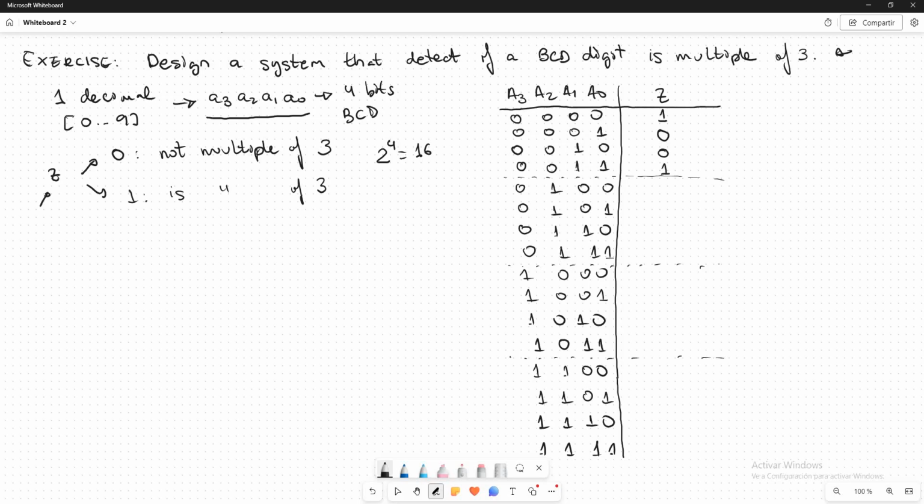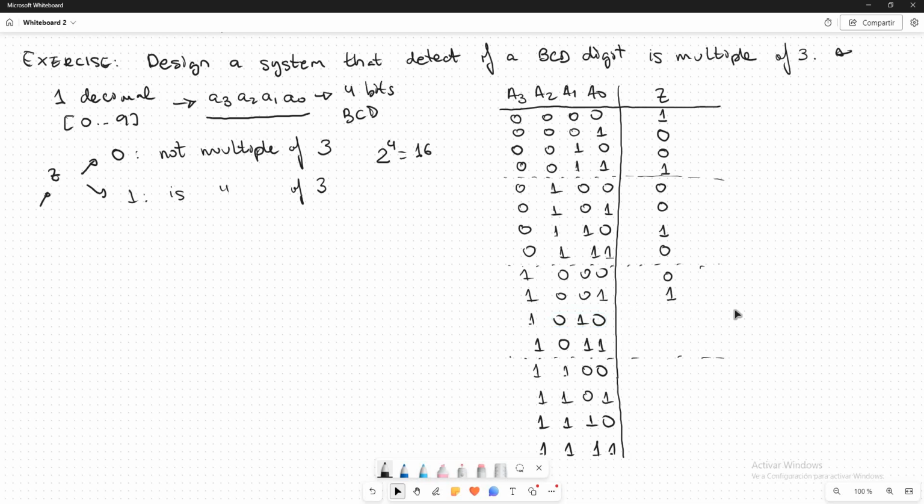Yes, 3 is a multiple of 3. In fact, the multiples of 3 are going to be 3, 6, and 9. And the others are not multiples of 3. It's basic mathematics. Okay? So we have 1, 0, 0, 1, 0, 0, 1, 0, 0, 1.